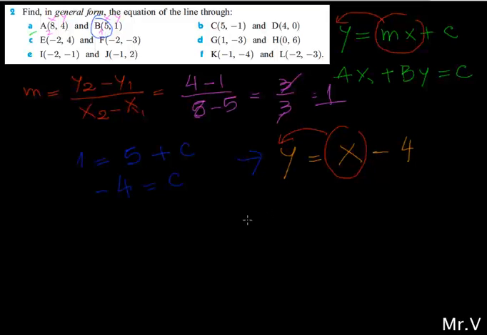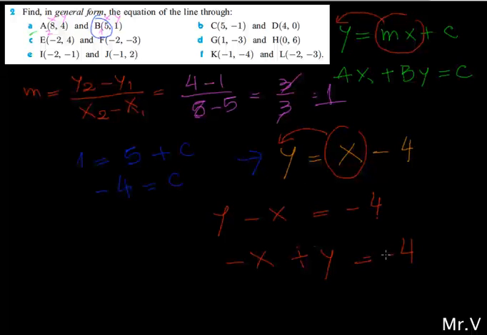So that's y minus x equal -4, and you write it and keep the order. There you go.